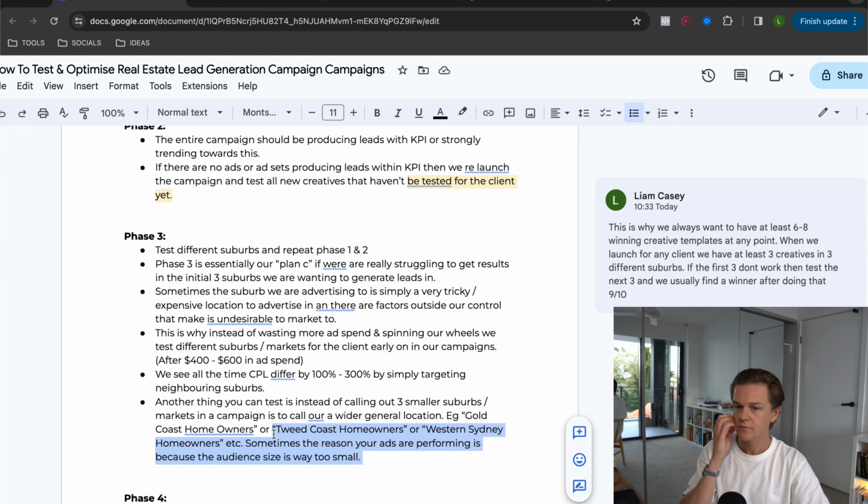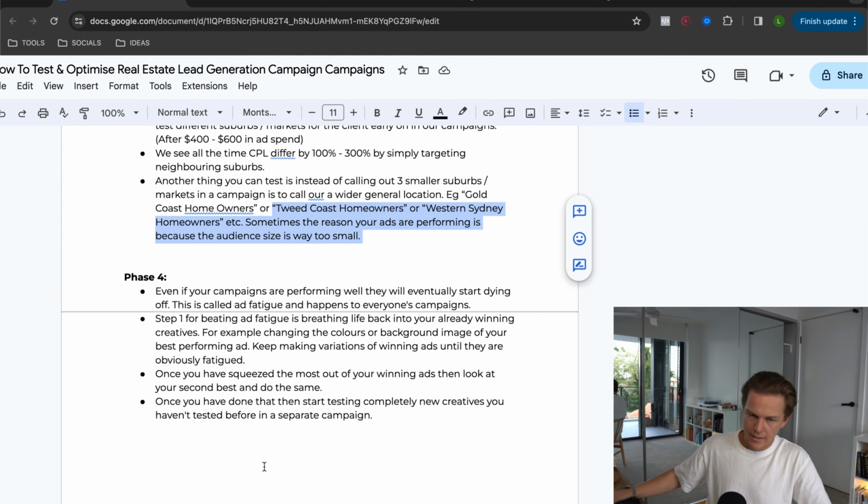Say we're a bit further south, my hometown is Kingscliff. If you're a real estate professional in that area, instead of calling out Kingscliff, Casuarina, Cabarita, Tweed Heads, or Bilambil, you'd call out Tweed Coast homeowners. Instead of calling out Parramatta, Mays Hill, whatever in Sydney, you could call out Western Sydney homeowners. You get the gist.